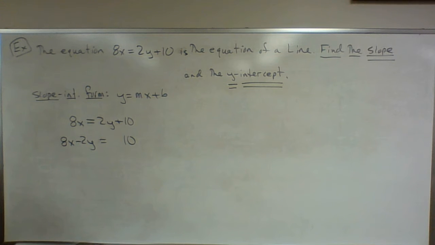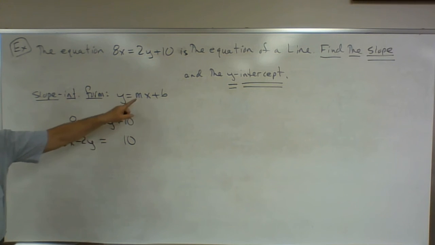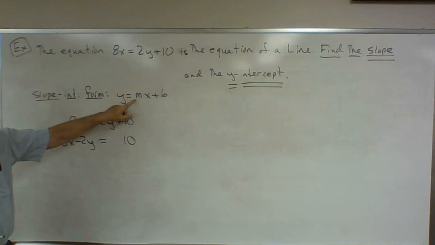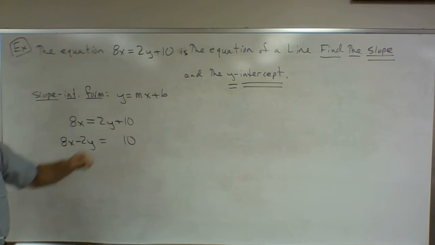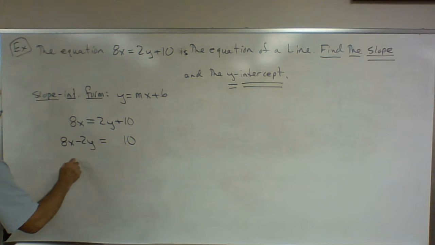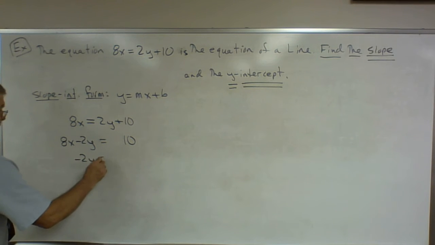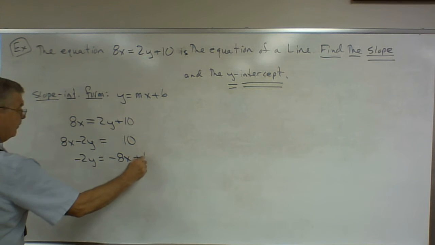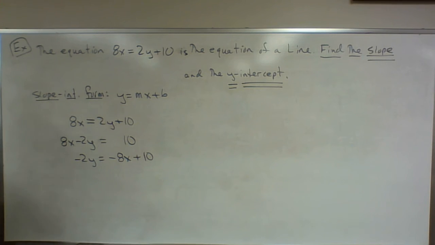Next, I think we need to get x on the right. In the slope-intercept form, x is on the right. So we'll take this 8x and move it over to the right. We'll subtract 8x from both sides. And we're getting closer. This is what we want. This is where we are.